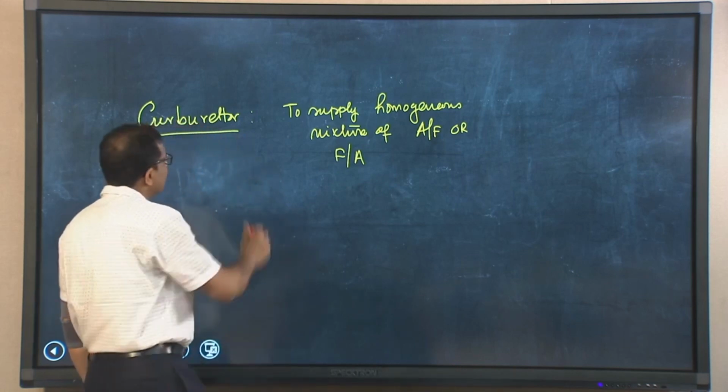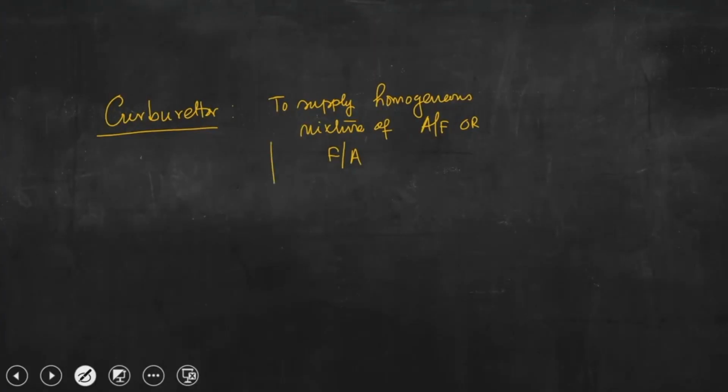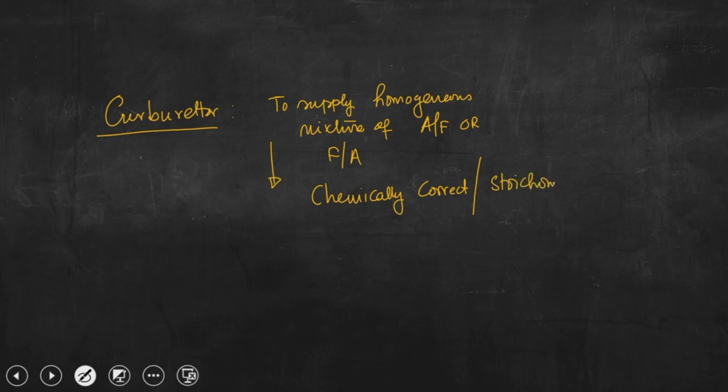So, in a way, carburetors are used to supply chemically correct or stoichiometric air fuel mixture or fuel air mixture, right.